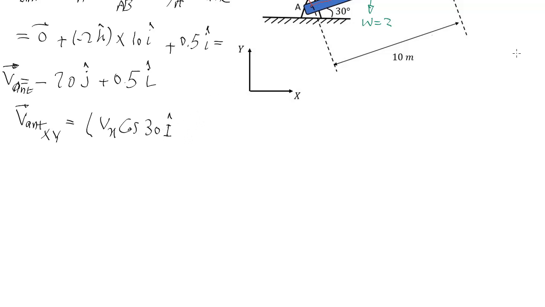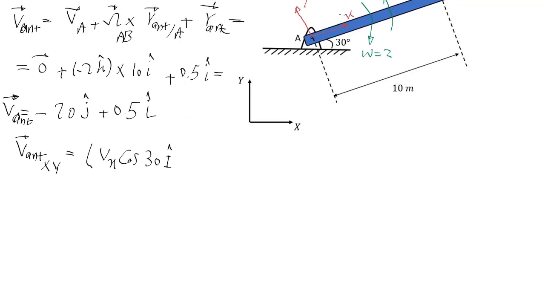And also the y component here, so I think I have to bring this down. The y component in the rotating frame also has a component in the x direction in the inertial frame. So if I just draw a line here, this angle would be 60 degrees. The reason is that if I draw this line here, because this line is perpendicular to the horizontal line, this line is perpendicular to this line, the angle between these two lines is going to be equal to the angle between these two lines.